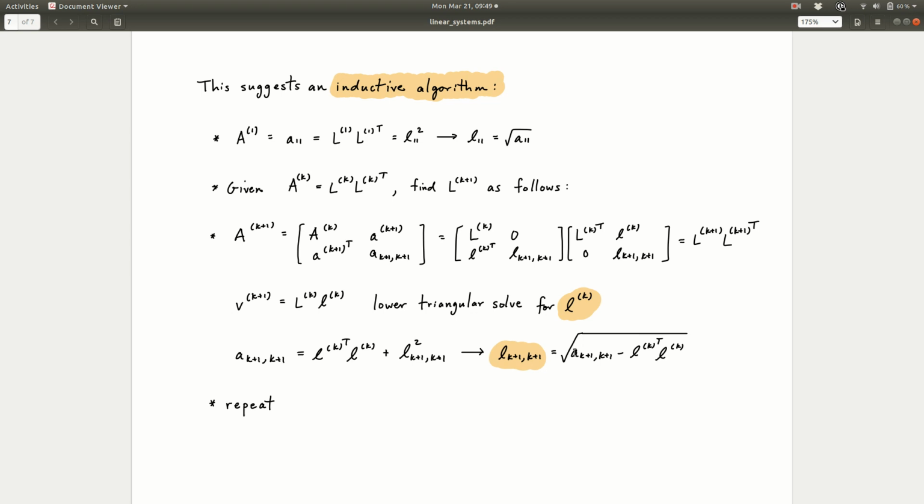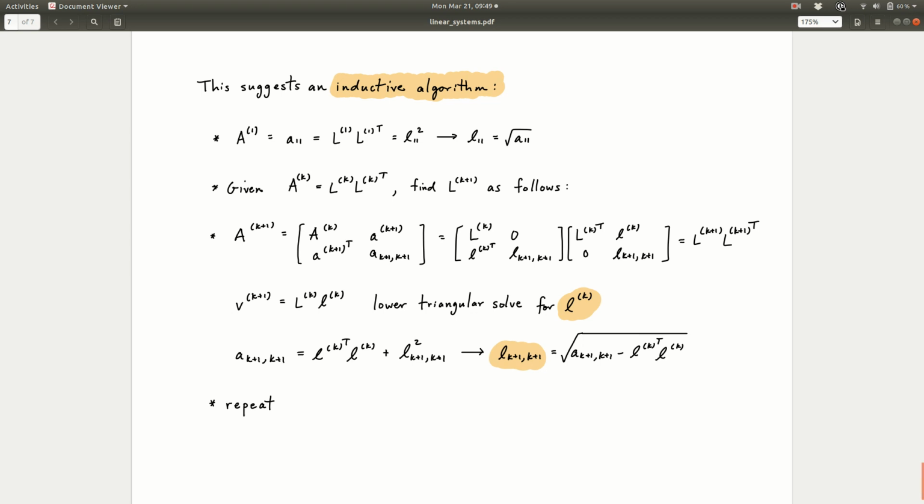In that case, your code should throw an error, and that's what you're going to do in the exercises. Now, it's actually kind of useful because the Cholesky algorithm is used to detect whether or not a matrix is positive definite. So if the algorithm fails because you get a negative number here, that tells you that, at least numerically, in the floating point system, your matrix is not positive definite.